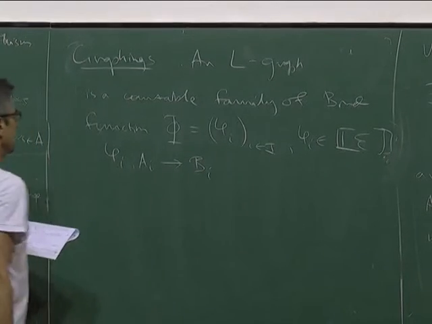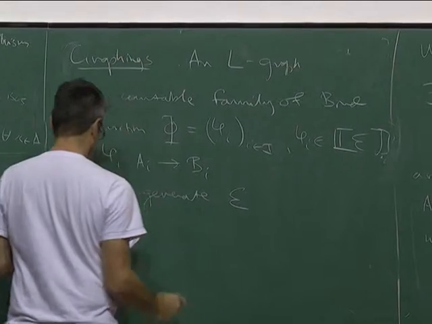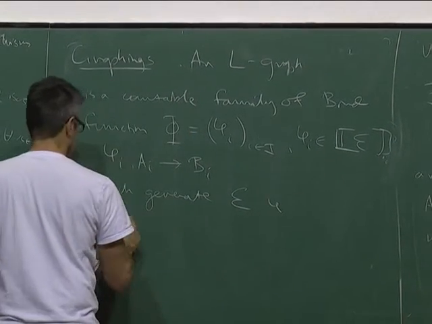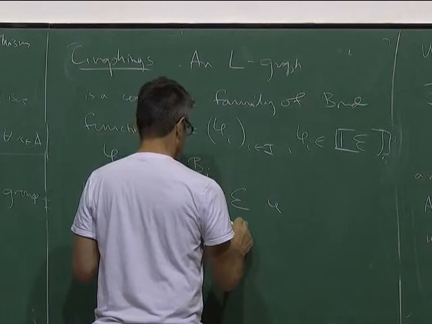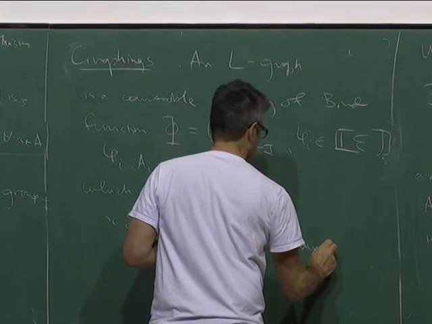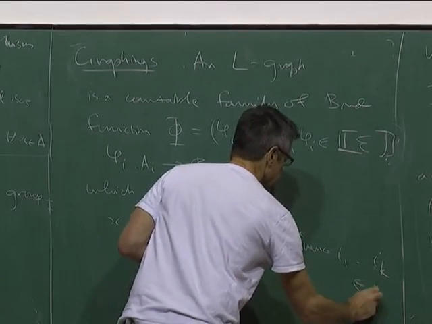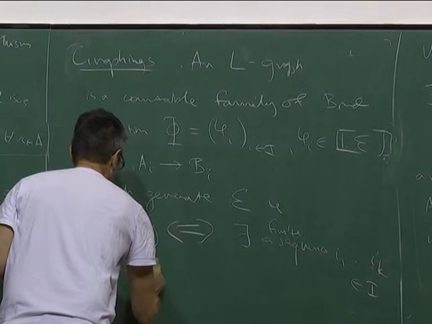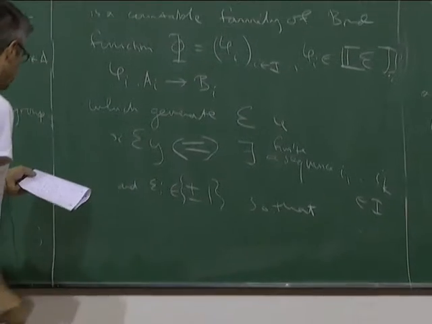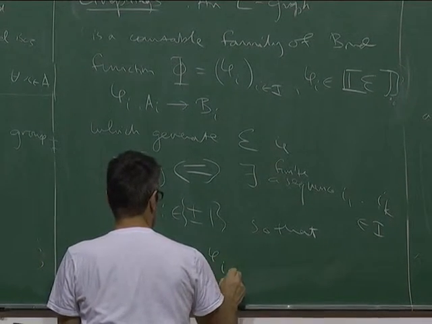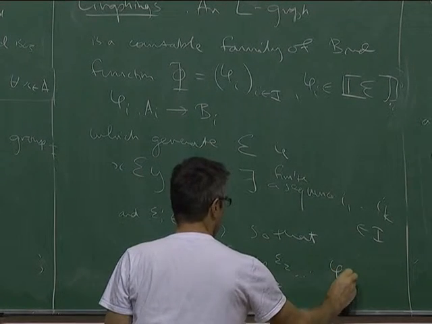So let's suppose that phi I maps AI onto BI, which generates E. That means X relates to Y if and only if there exists a finite sequence I1 up to Ik of elements of this index set of the functions, so a finite number of functions, and epsilon I in plus or minus 1, so that, just like the free group action in some ways, X is equal to phi I1 epsilon 1 phi I2 epsilon 2 up to phi Ik epsilon k.